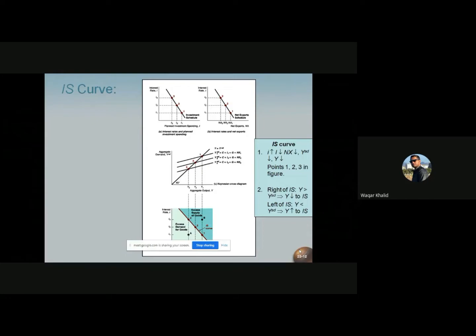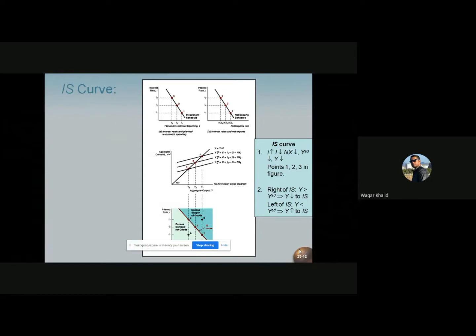You know that interest rates affect the level of aggregate output through their effects on planned investment spending and net exports. The interest rate affects planned investment spending, and similarly it affects net exports.